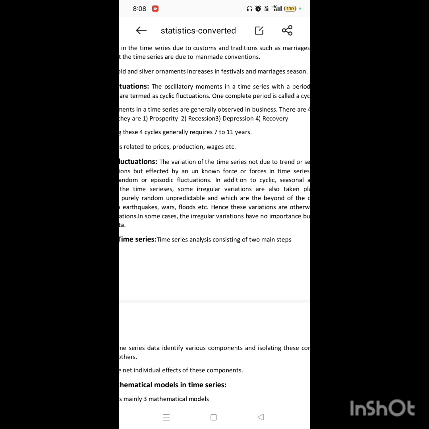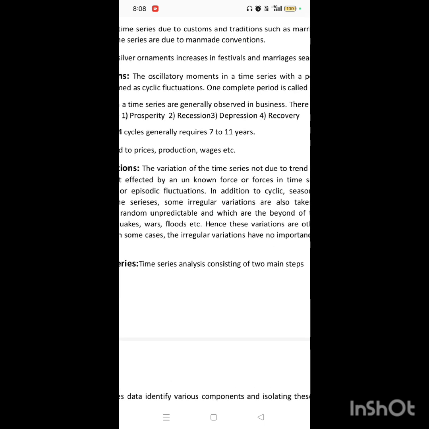It reaches the highest point of that business. Then after, it may fall into recession. Sometimes it may go underneath, and that type of thing comes under depression. So it goes to the minus levels.